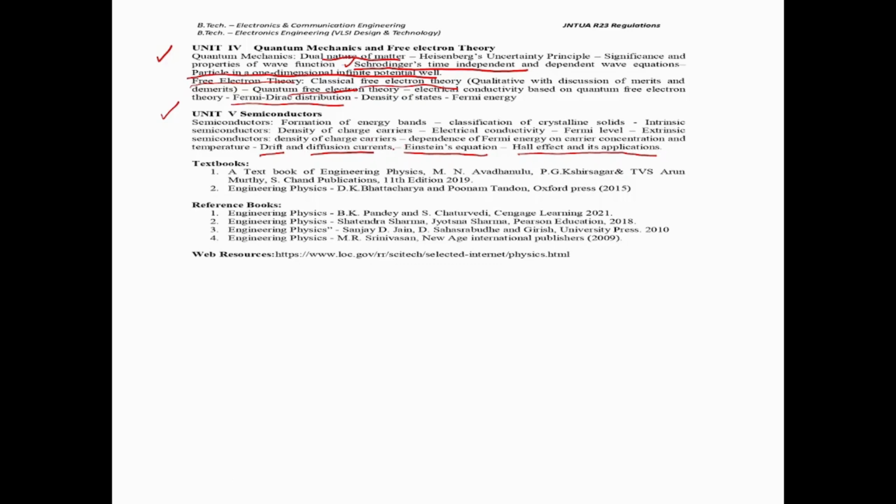Suppose paper setters are focusing on the theoretical part, then they may ask what is meant by intrinsic semiconductor, what is meant by extrinsic semiconductor, explain the conductivity of intrinsic, or discuss n type and p type.